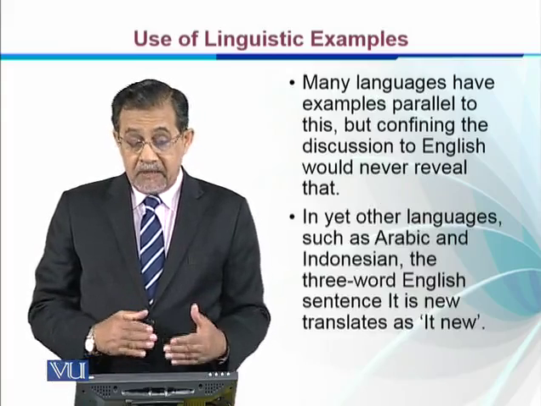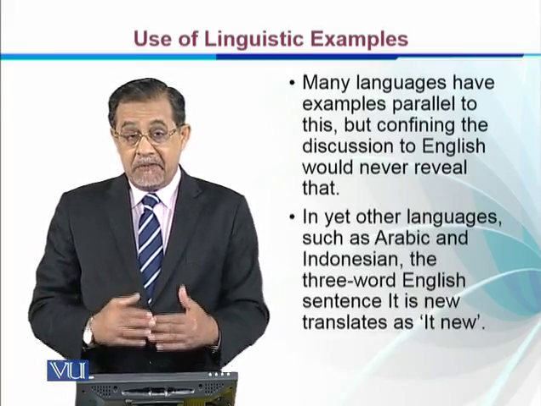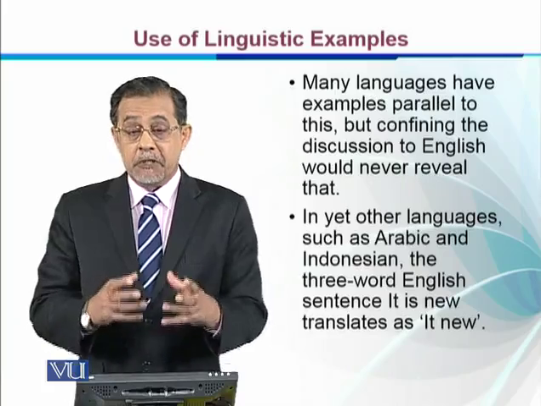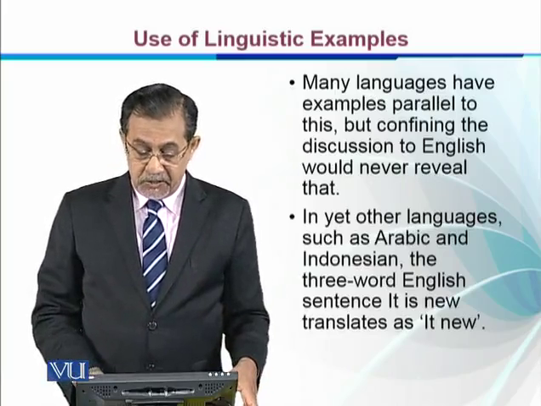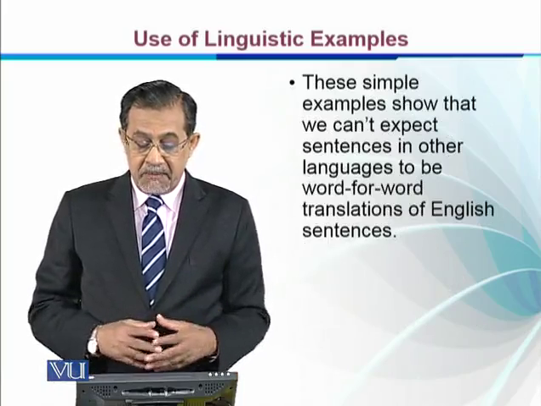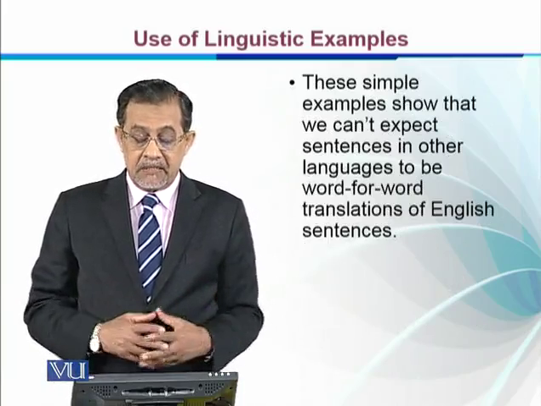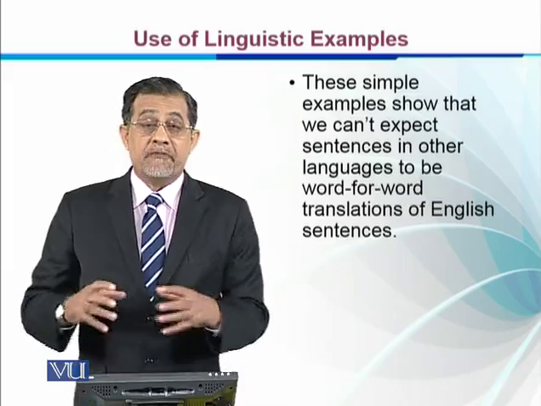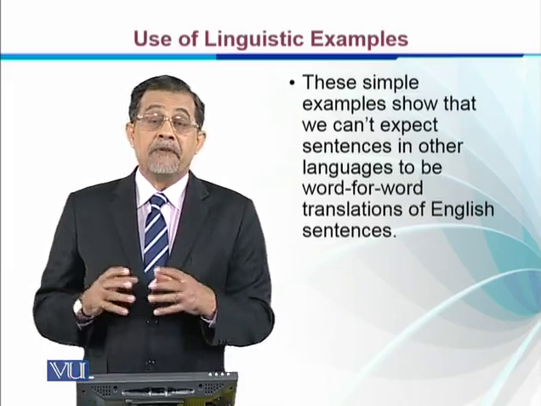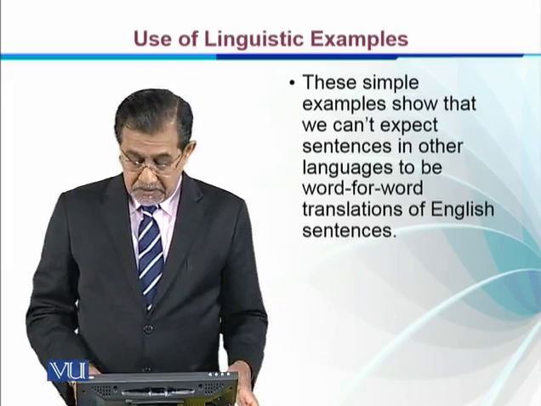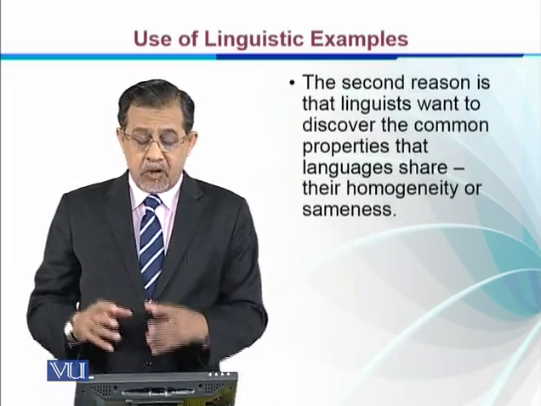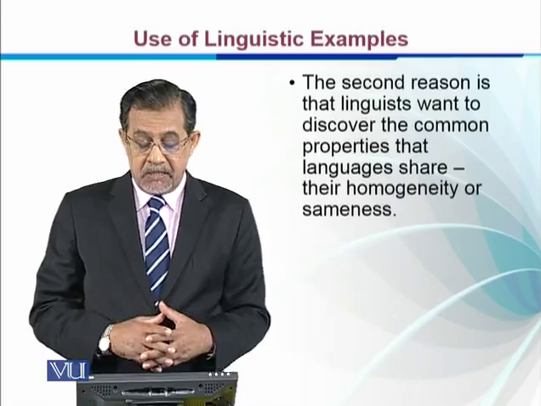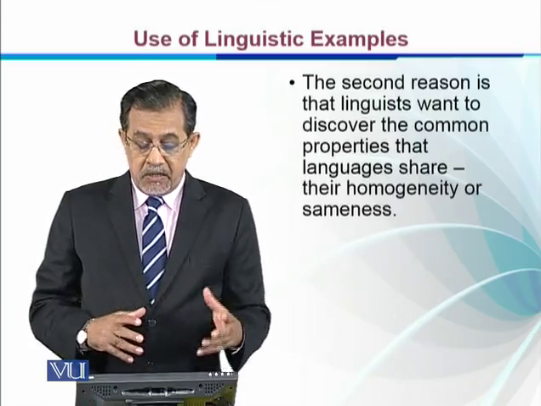So when we study other languages, we get features which are similar and which are different. These simple examples show that we can't expect sentences in other languages to be word for word translations of English sentences.